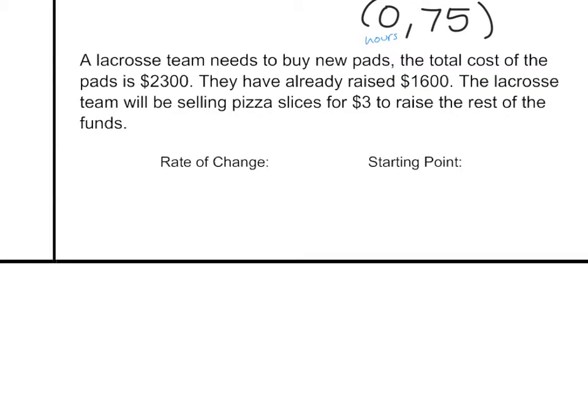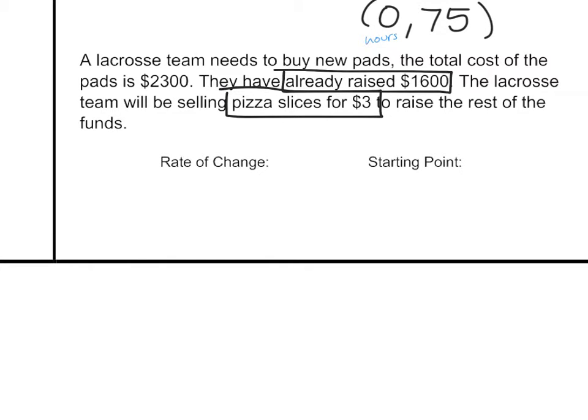Next problem, we have a lacrosse team that needs to buy new pads. The total cost is $2,300. That's the total, so it's not a starting point or a rate of change. So we're going to keep going. They've already raised $1,600. The lacrosse team will be selling pizza slices for $3 to raise the rest of the funds.